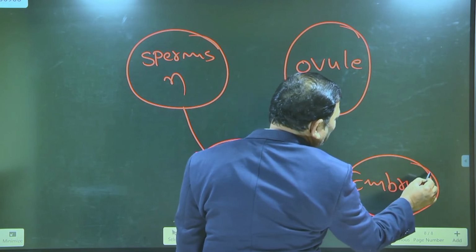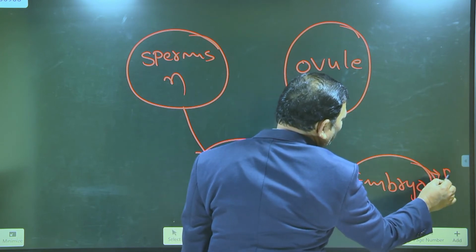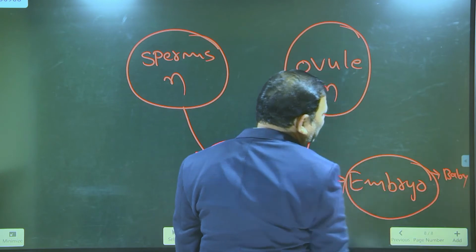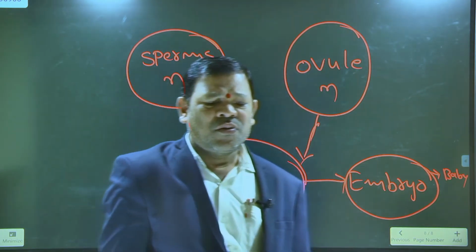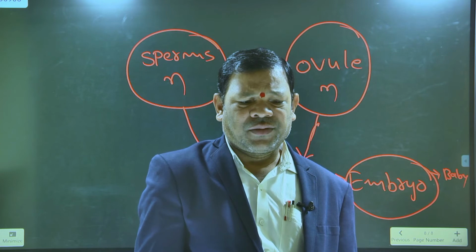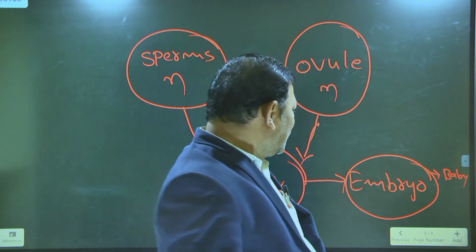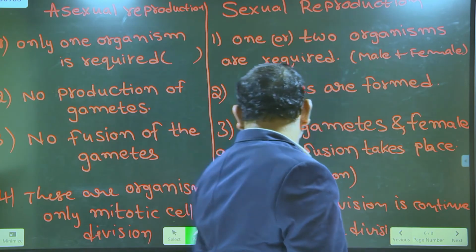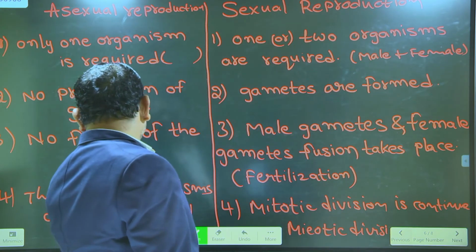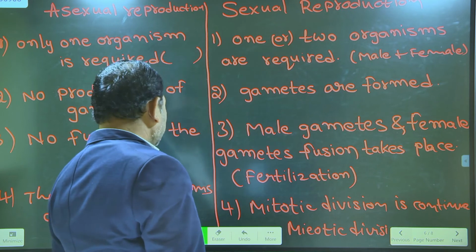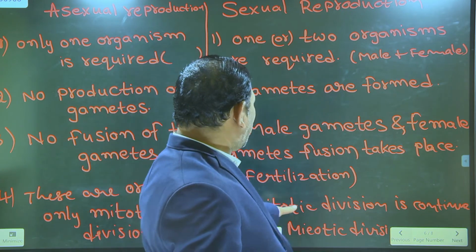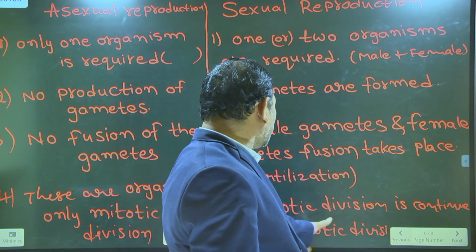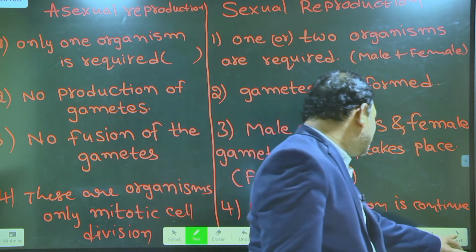The embryo gives rise to the new baby. So here my point is that in these organisms only mitotic cell division occurs, while in sexual reproduction mitotic division is continued through meiotic division. Next point.